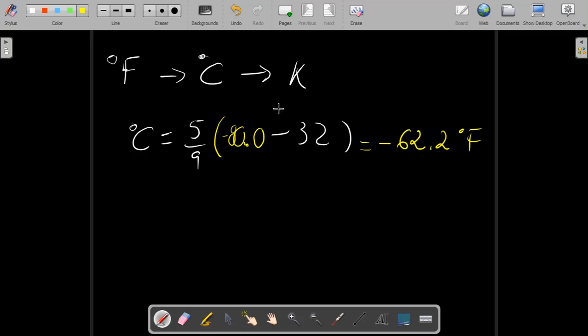But now, I have done this part. This is done. I'm going to do the next one in blue. This is Celsius. Okay. I went from Fahrenheit to Celsius. Now I can go from my Celsius to my Kelvin because I do have an equation that allows me to do that.